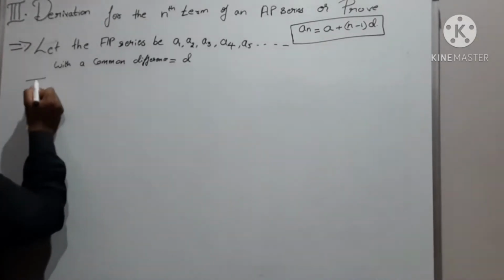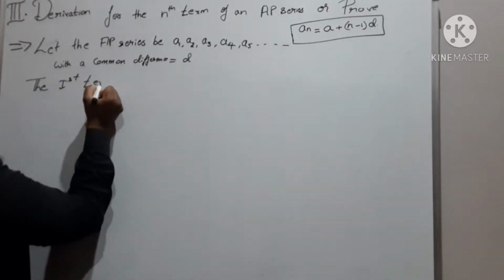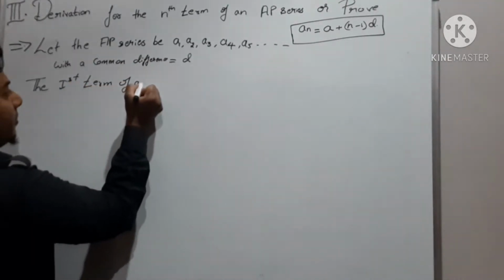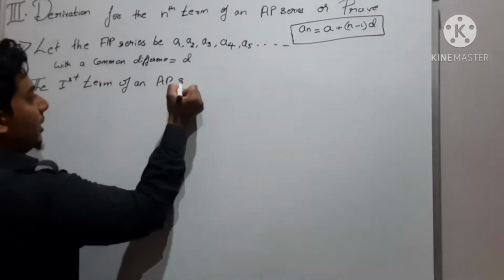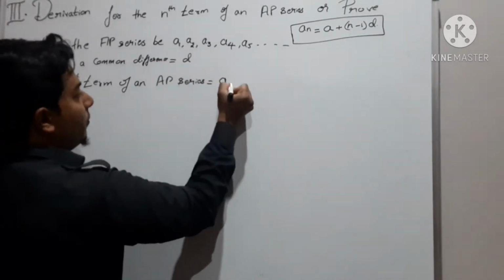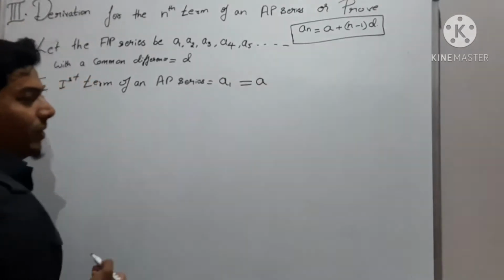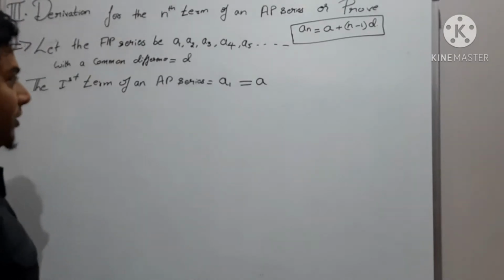The first term of an AP series is given as a1. The first term is a1, which is equal to a, as we have learned in the notation of arithmetic progression series.